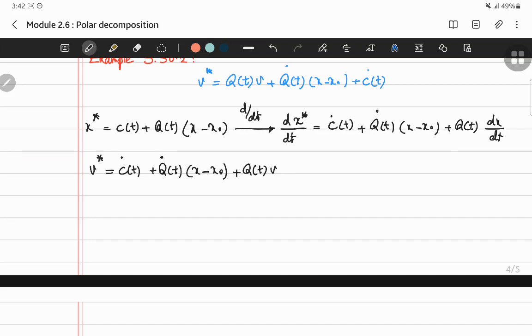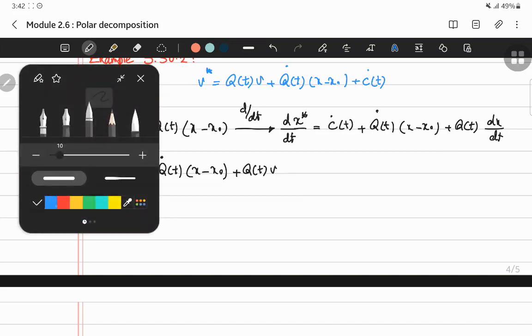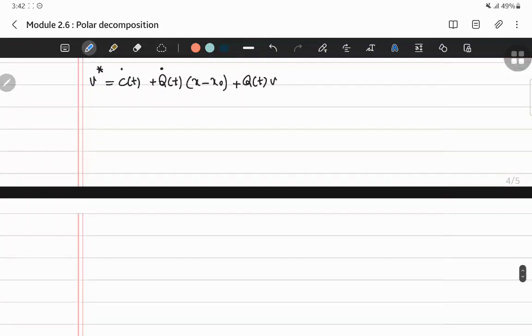All right. Next, it says that the velocity gradient in another frame is equal to Q(t) del v Q transpose(t) plus Q dot Q transpose.